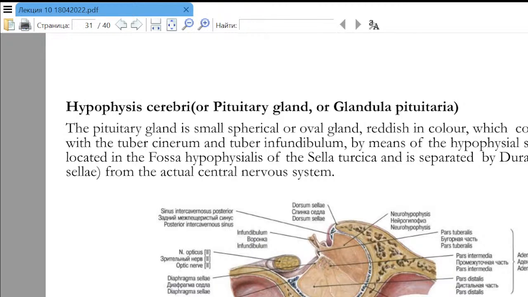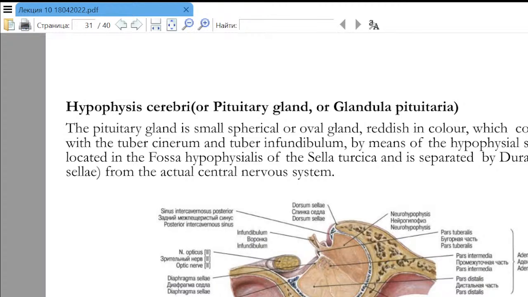The hypophysis is a small spherical or oval gland, reddish in color, which is connected with the brain at the tuber cinereum and the infundibulum by means of the hypophyseal stalk.